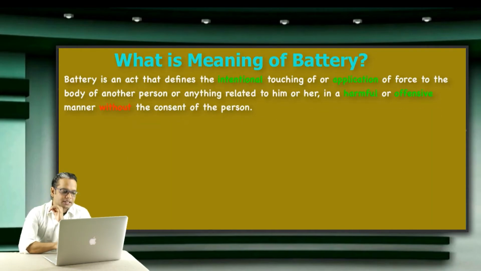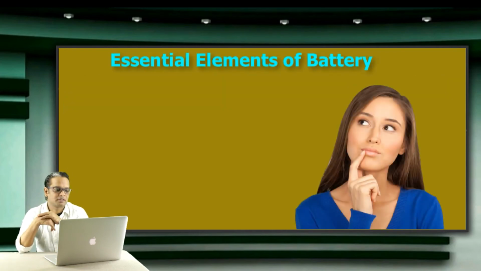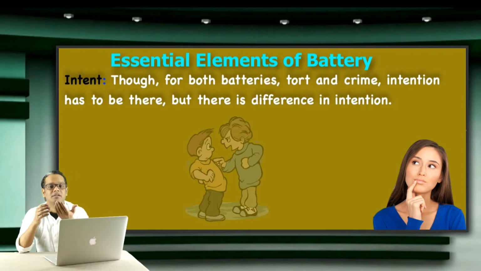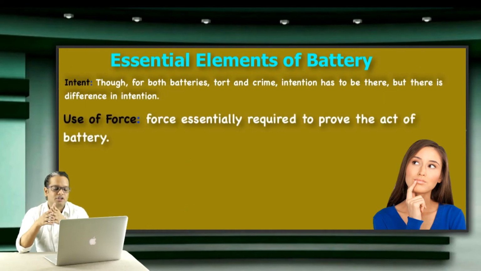Now we will discuss the essential elements of battery. The first one essentially required is intent, meaning your intention has to be there to hurt someone. The second one is use of force. Only intention is not sufficient.